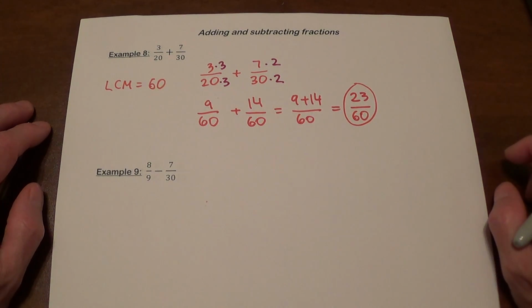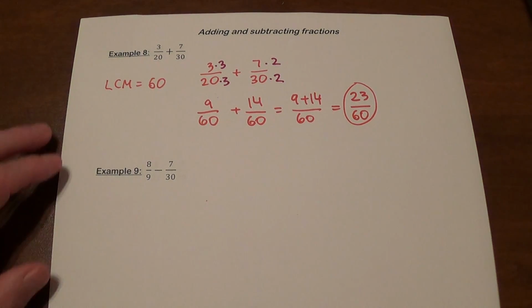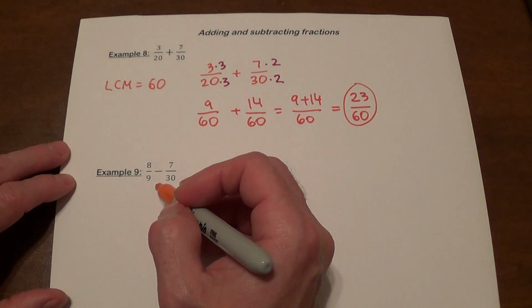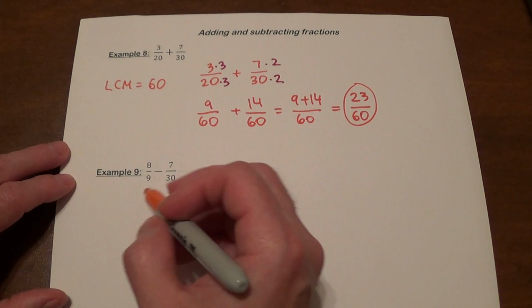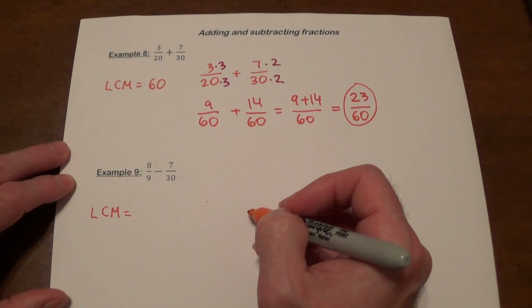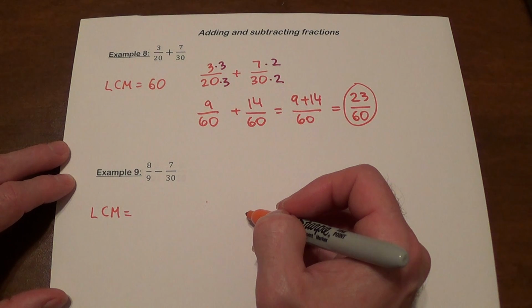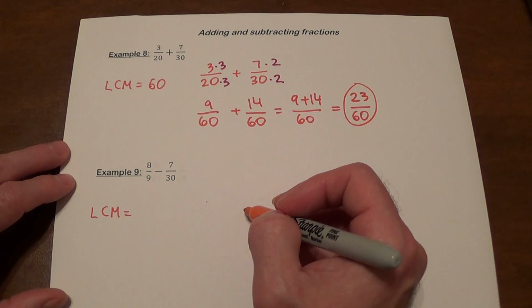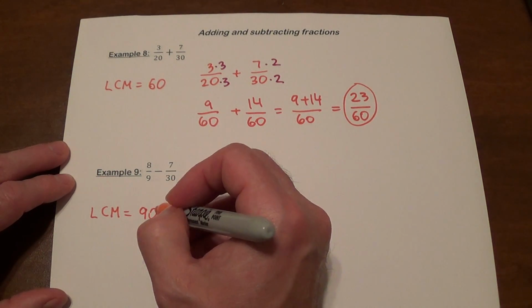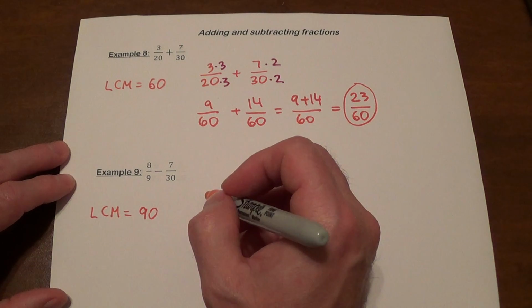8 over 9 minus 7 over 30. So we're going to have to subtract these two numbers, and we need to find the least common multiple like we did before. So between 9 and 30, the least common multiple will be 90. 90 is divisible by 30 and 90 is divisible by 9.